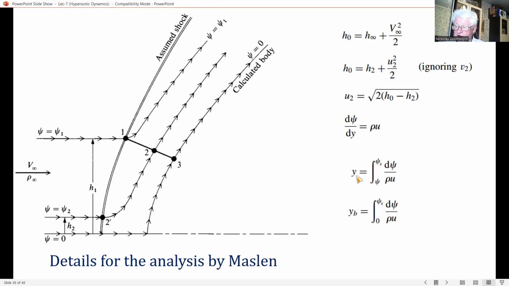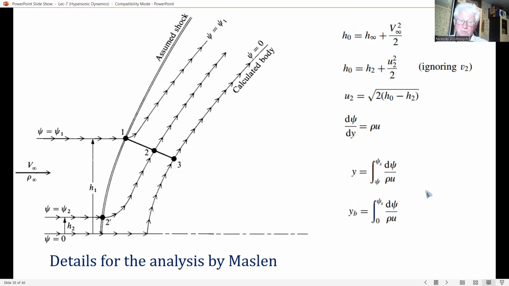Then we may find y as the integral between psi and psi s of d psi over rho. Here, rho and u are known as a function of psi from the preceding step. And this also locates the body coordinate y sub b as the integral from 0 to psi s.